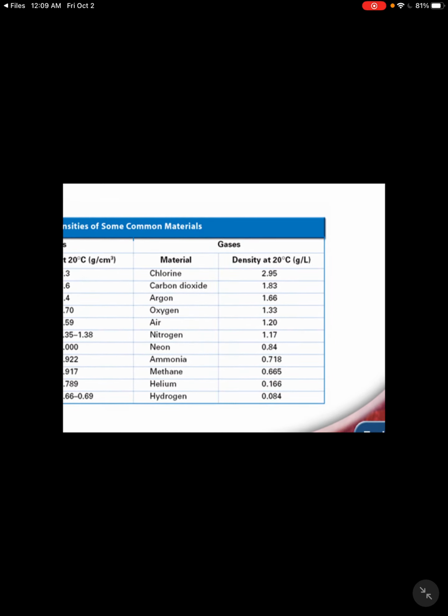And you can see some things, but when you look at the gases, you'll see that our units change. We can do conversions and we can put it in grams per milliliter, but the gases are typically reported in grams per liter because it gives us units that are easier to work with and I think easier to comprehend. Those units range, of course, from 1.2 grams per liter for air.